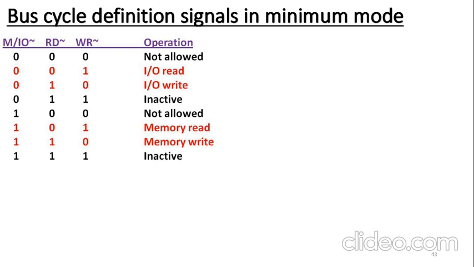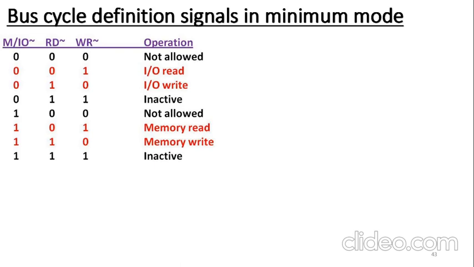And then the rest of the black colored entries which are shown in this particular table, that will either define that read bar equal to 0, write bar equal to 0 simultaneously, which is not allowed. The first row and then the 5th row here, 0, 0, 0 and 1, 0, 0. That is not allowed because read and write operation in a single bus cycle is not possible.